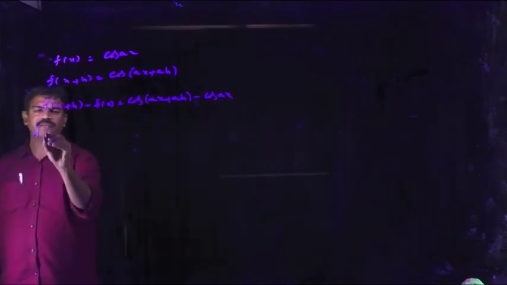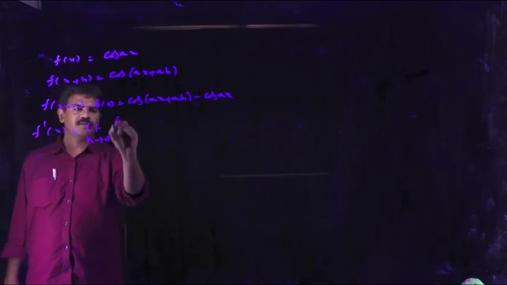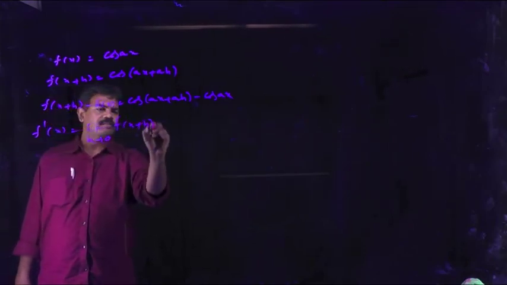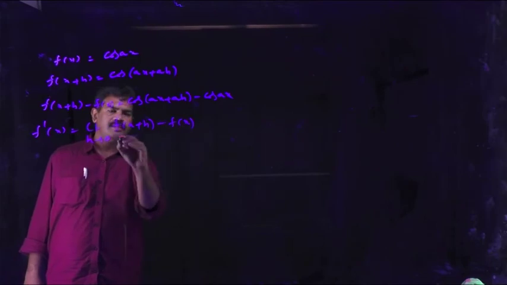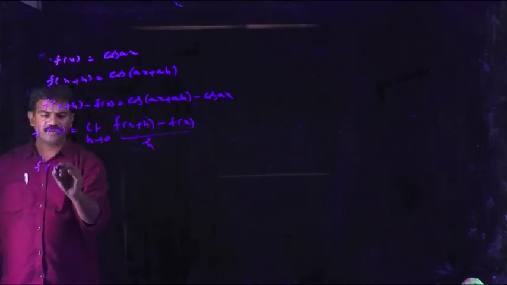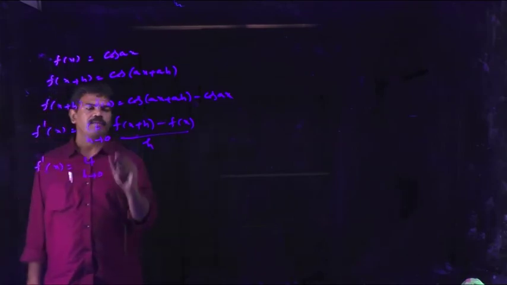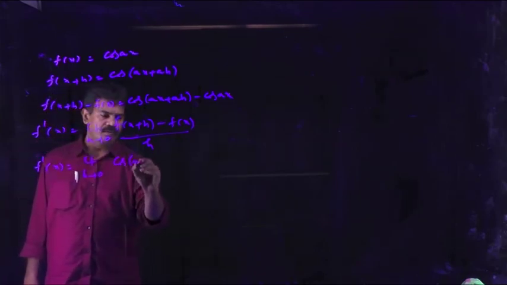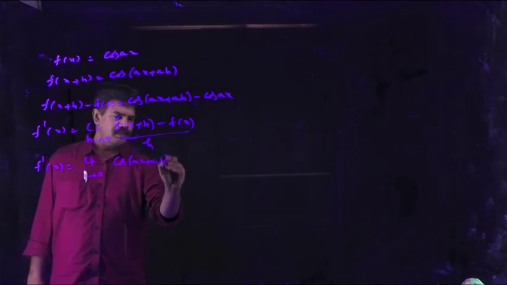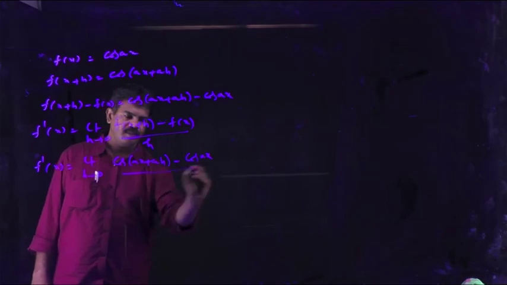From the definition of the derivative, f'(x) is the limit as h tends to 0 of [f(x + h) minus f(x)] by h. So f'(x) is the limit as h tends to 0 of [cos(ax + ah) minus cos ax] by h.